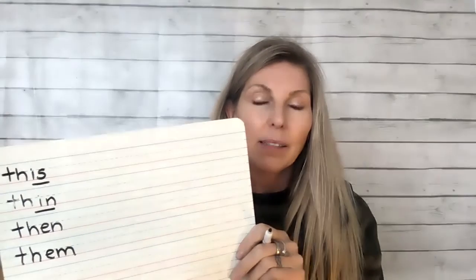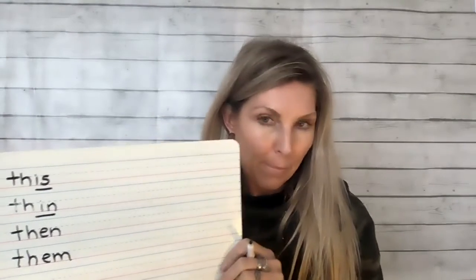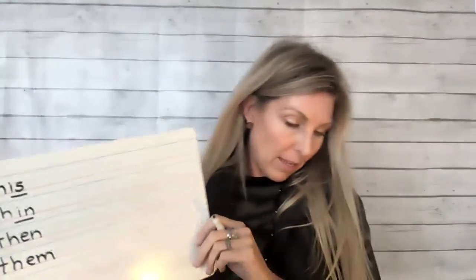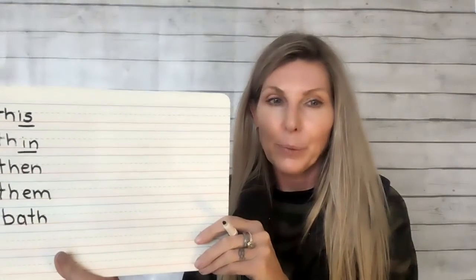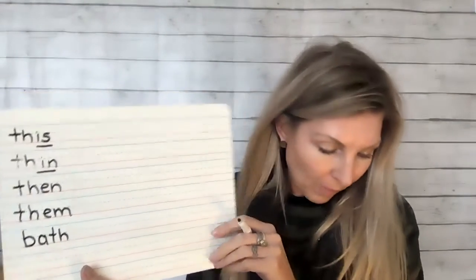EM says M. Then we're going to change it to bath. What sound do you hear at the beginning? B, a, bath. There you go. Next one, we're just going to change the beginning sound to path.